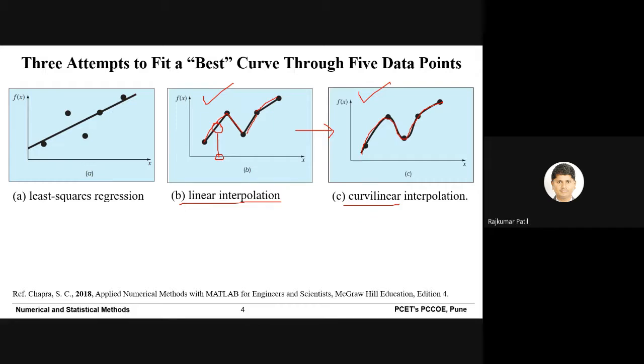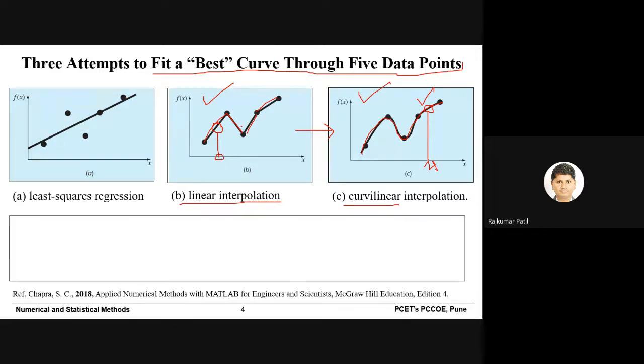Again, if you are interested in a value of f of x for a given value of x, then by using this method you can find it. So these are some of the approaches that can be used to fit a best curve through the 5 data points in this case. If there are more data points, you can expand the same.